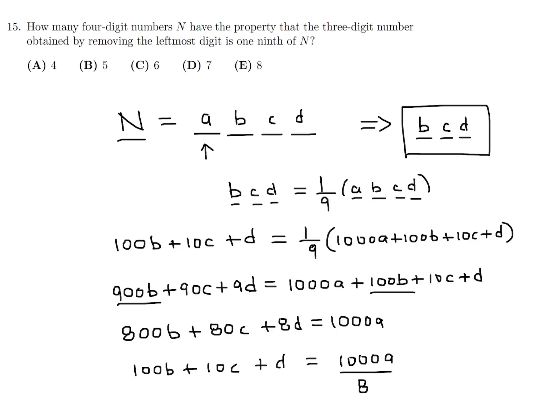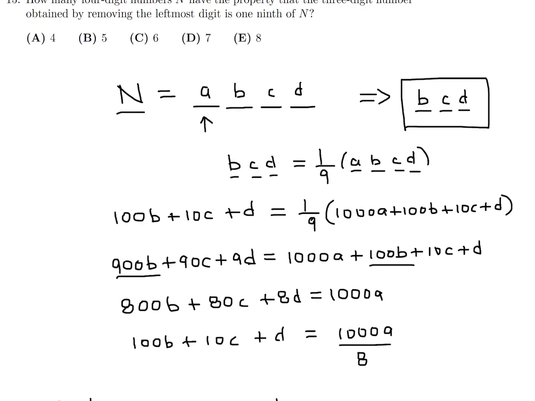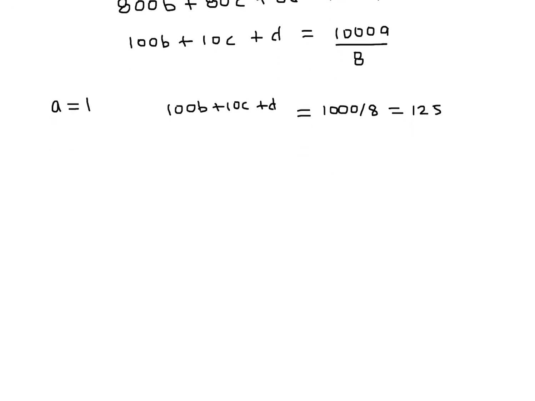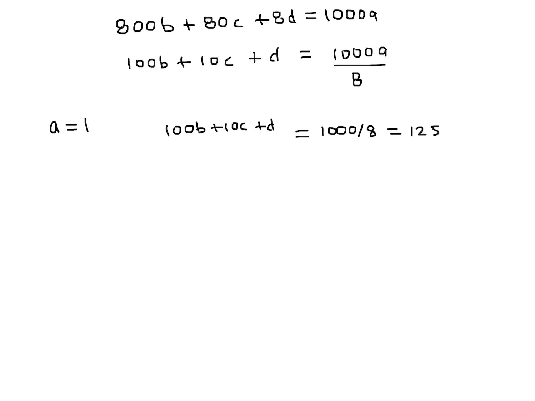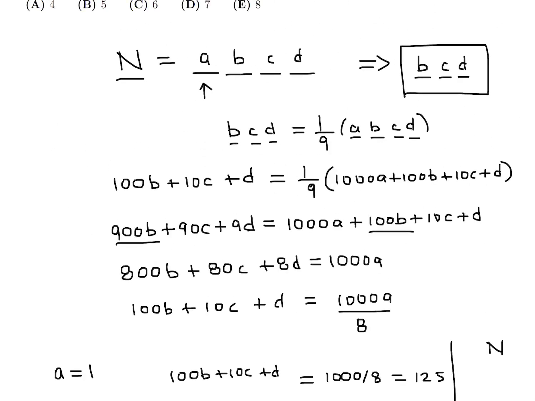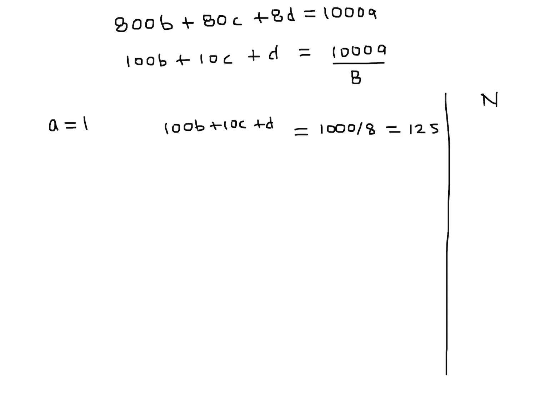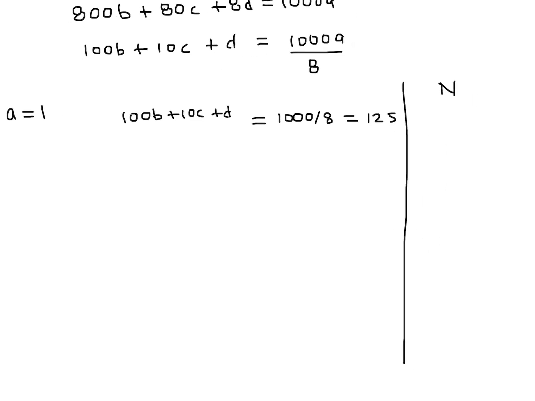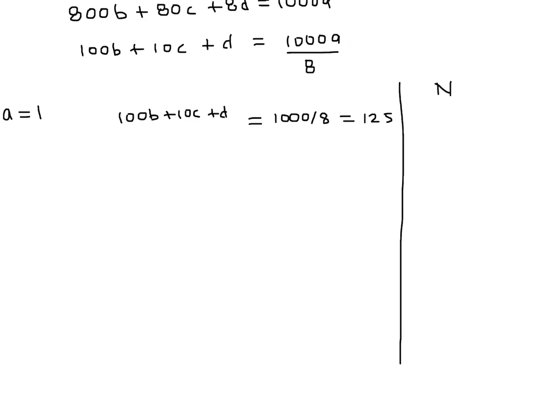All right? So that's one possibility. So that means that our n, I'll put n over here. If you remember, n was A, B, C, D, correct? So I'll put n, which is A, B, C, D, and then I'll put the other number, which is B, C, D, like that.